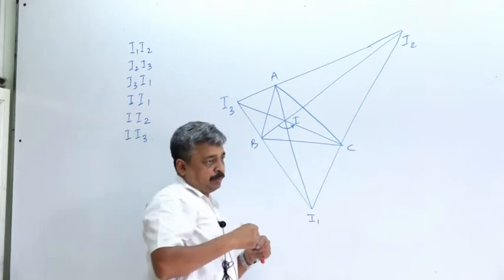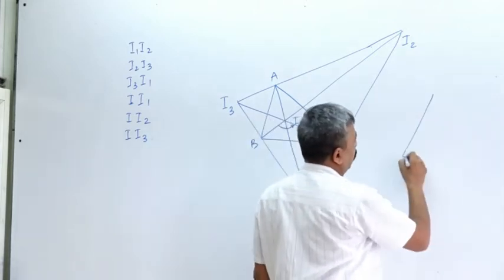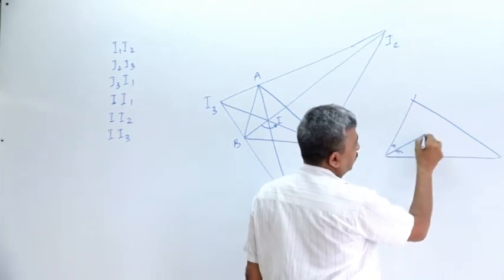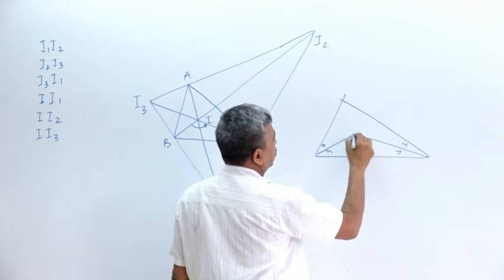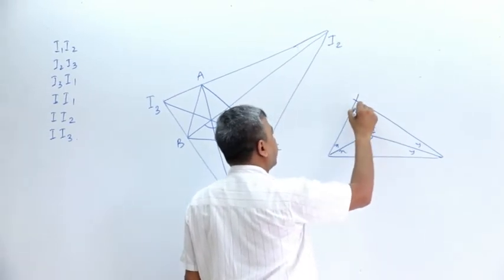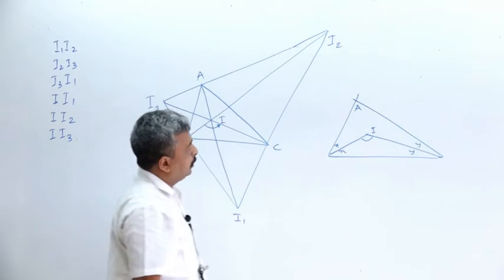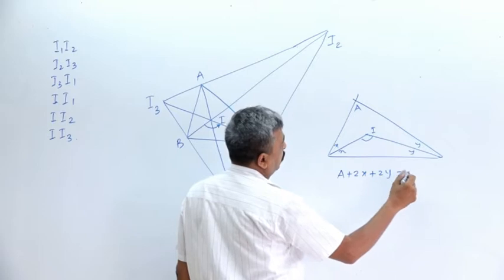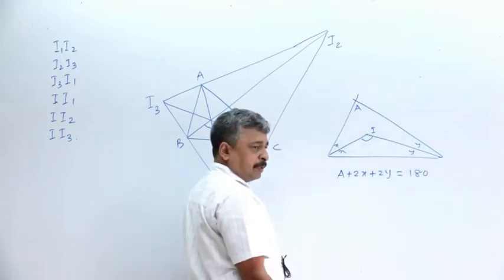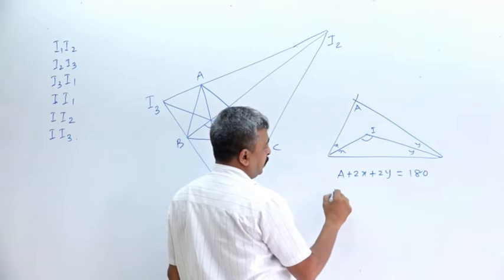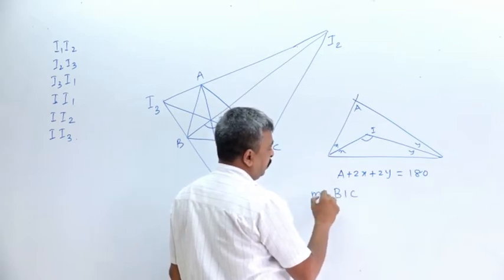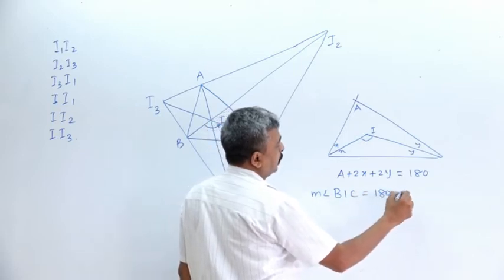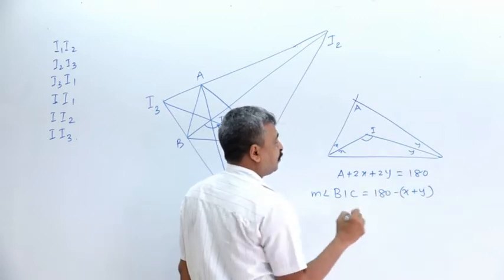90 plus A by 2. Major angle BIC is always 90 plus A by 2. This is bisector XX. This is bisector YY. We are discussing this angle and this is A, right? So A plus 2x plus 2y is equal to 180, and major angle BIC is equal to 180 minus x plus y, correct?